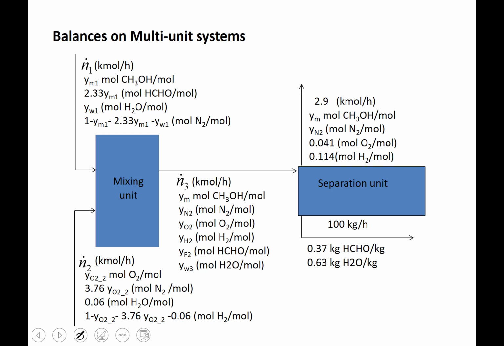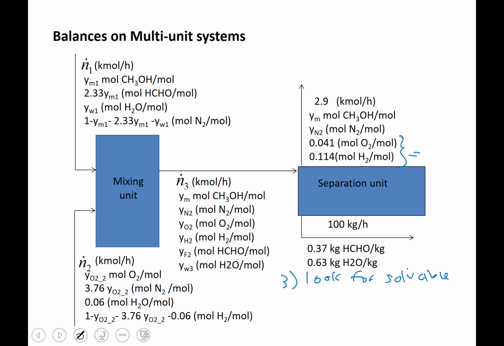Once we have that all figured out, we can proceed with our calculation. The next thing we want to do is look for solvable balances. You might notice that we can multiply these out first of all and get flow rates.